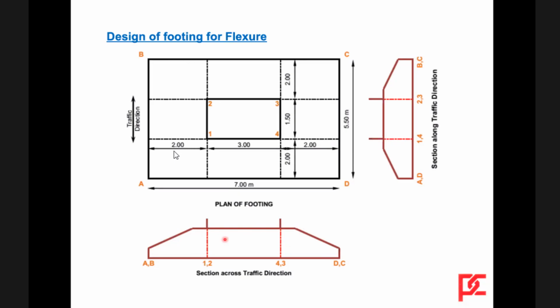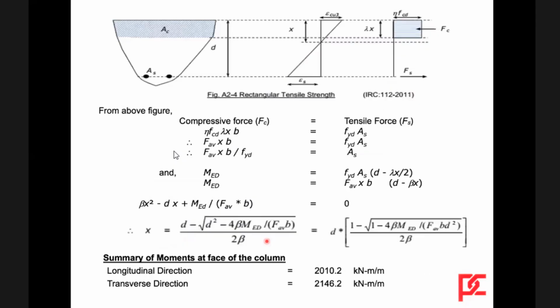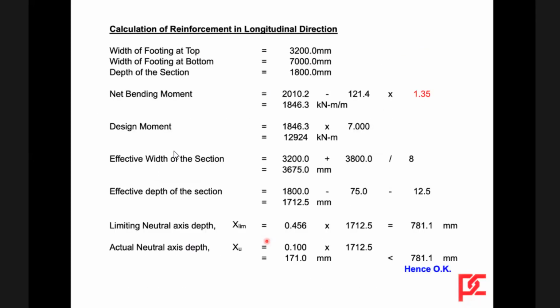The neutral axis is somewhere here, so actually the area in compression is in this shape. For this, there is an approximate formula used to calculate the effective width of section: 3200 plus that extra divided by 8. Instead of 3200, we have taken an average width of 3675.